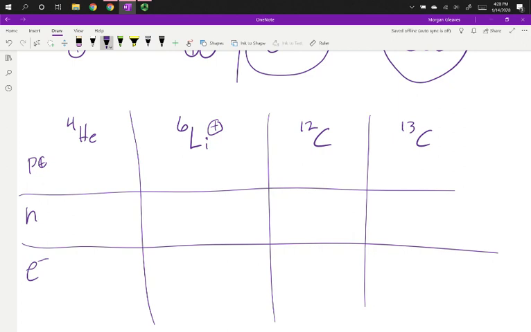Alright, if you gave it a shot, let's look. To be helium means I must have 2 protons. So 2 of my 4 things in my nucleus are taken up by protons. Well, there were 4 total things. 2 of them were protons. So there are 2 left over. My neutrons must be 2.